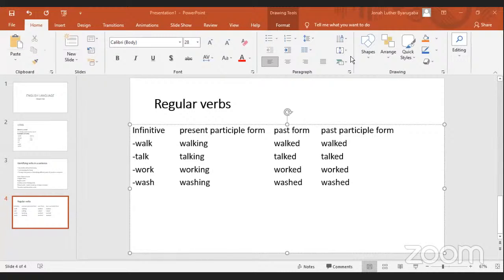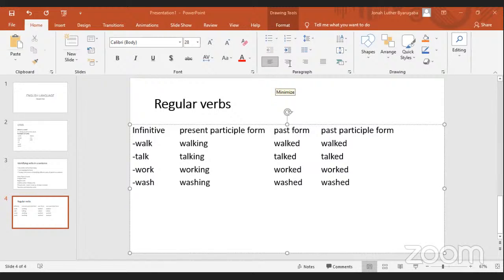Yes, so Charlotte, you wanted to give us a verb. Charlotte? Yes, Charlotte. Is my internet so poor?